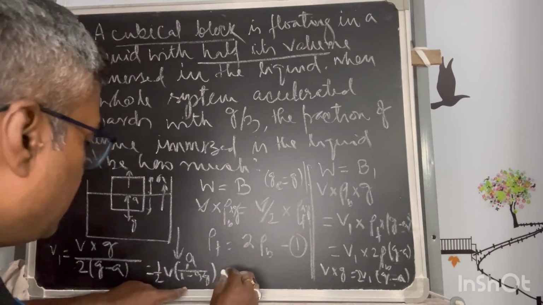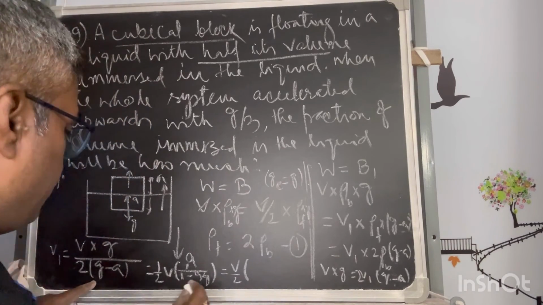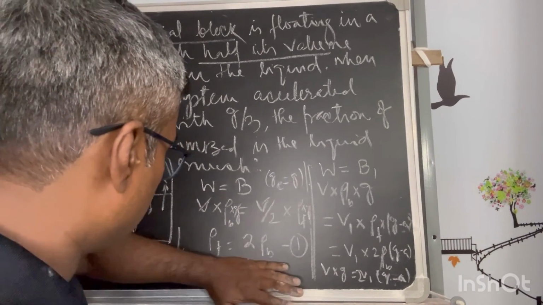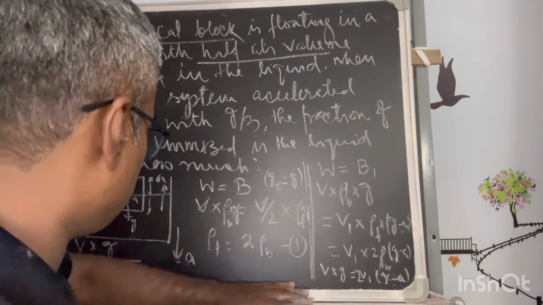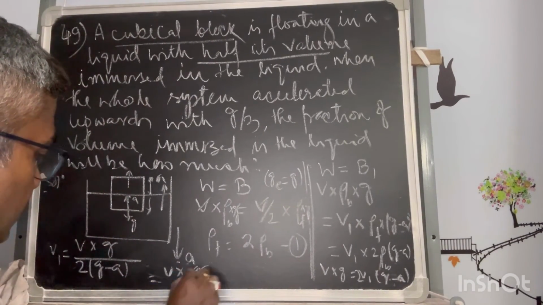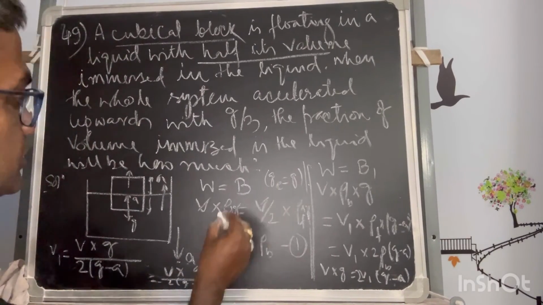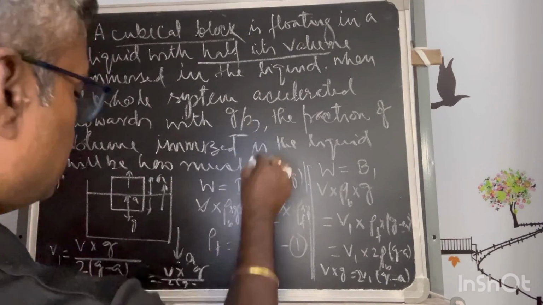So now, let's put the acceleration A as g by 3.